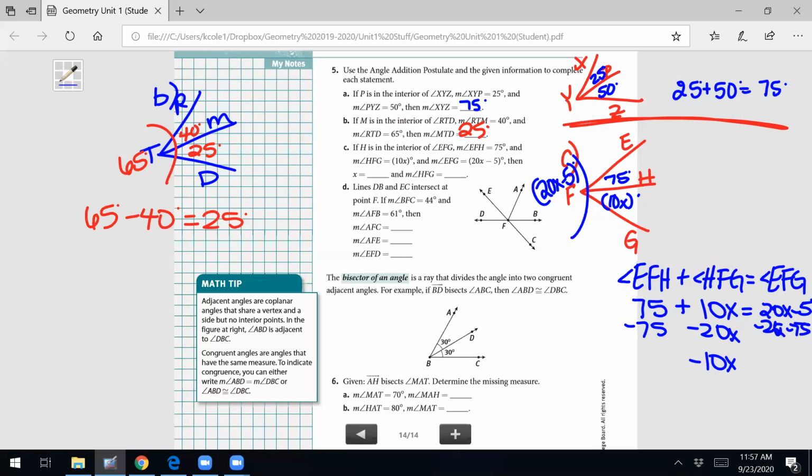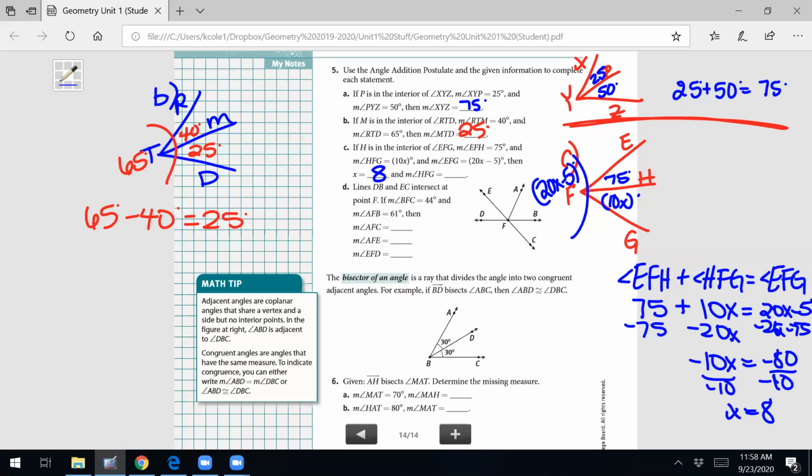That's negative 80, right? Negative 5 and negative 75 is negative 80. Divide by negative 10. So what's that going to give us? Positive 8. Okay, so x is positive 8.